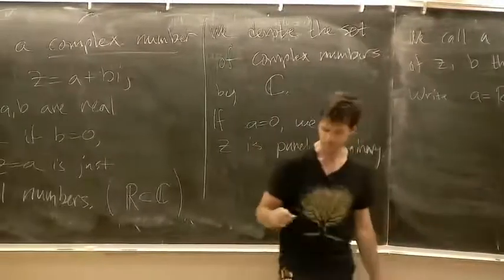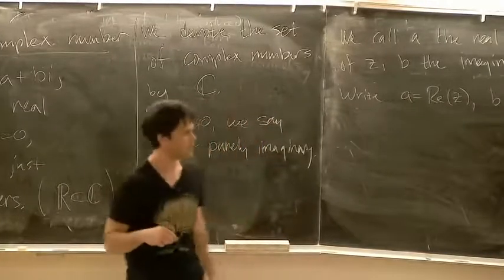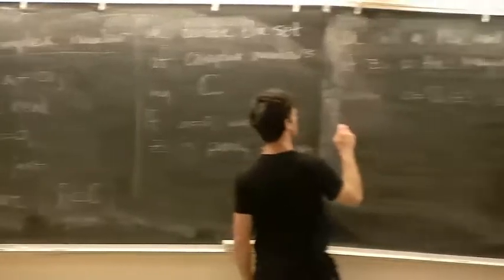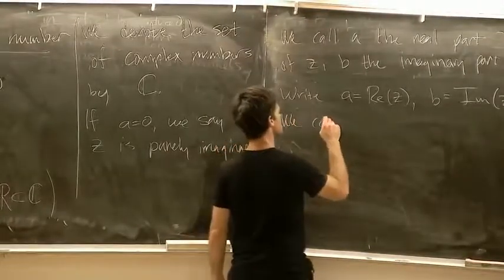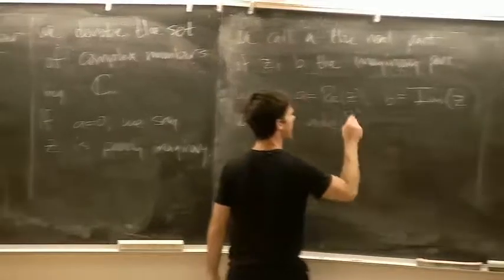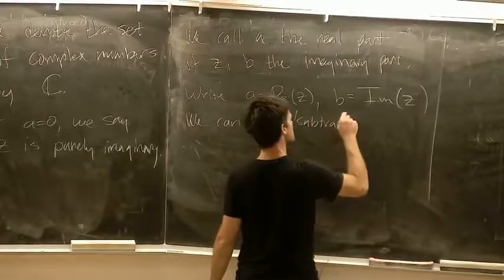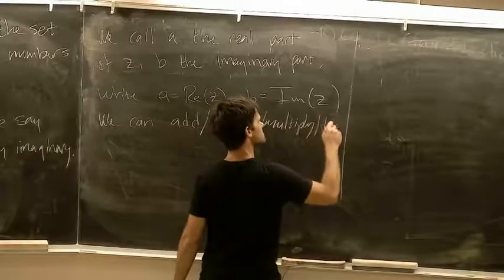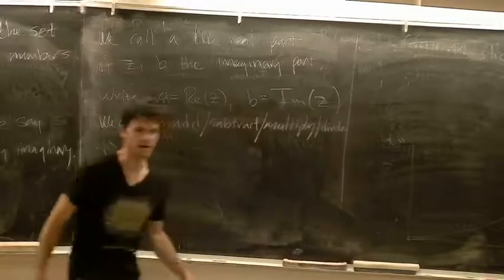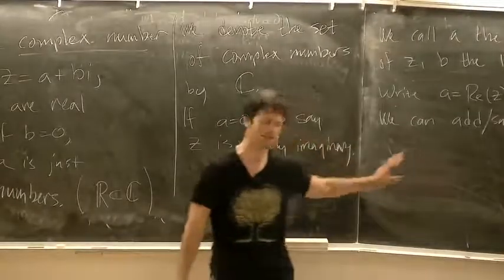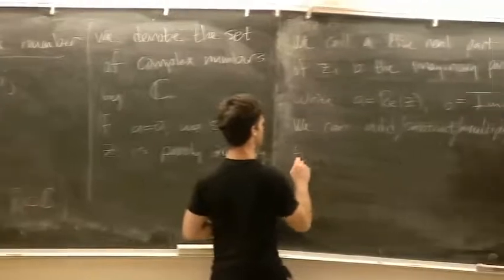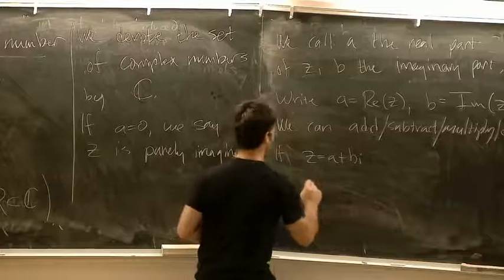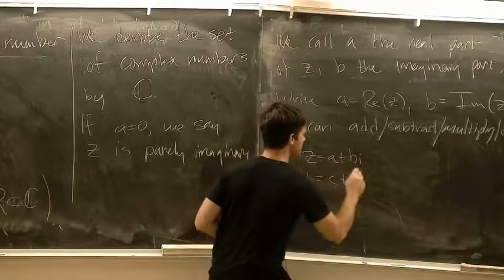Let's see. We can also add, subtract, multiply and divide complex numbers. So let's say z is a plus bi, and w is c plus di.